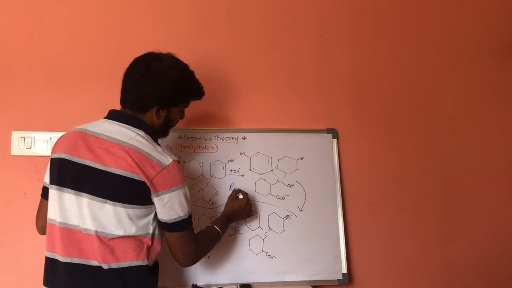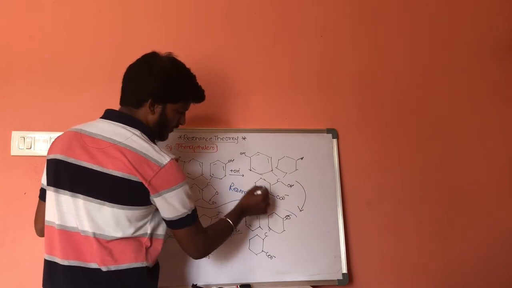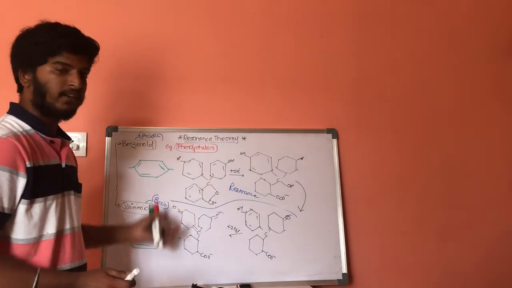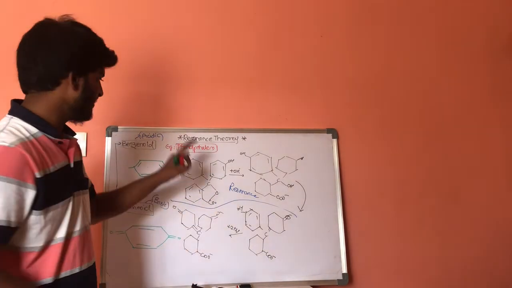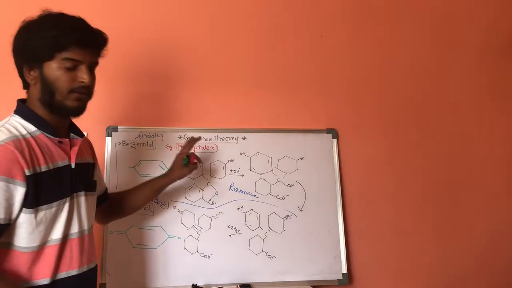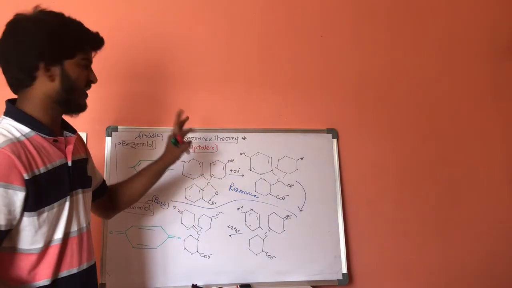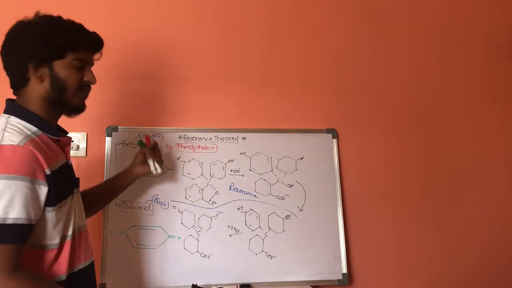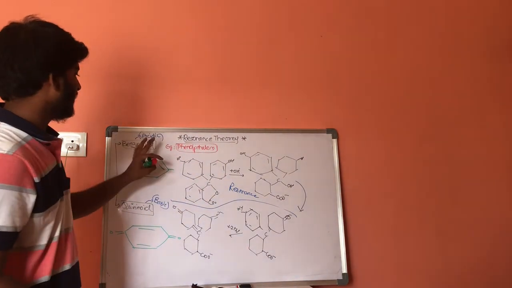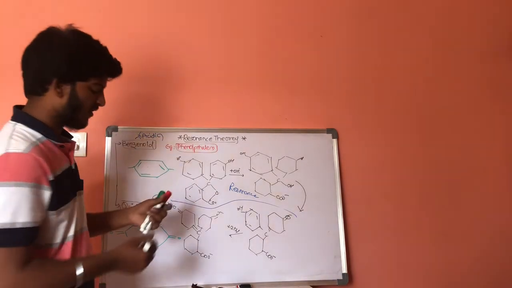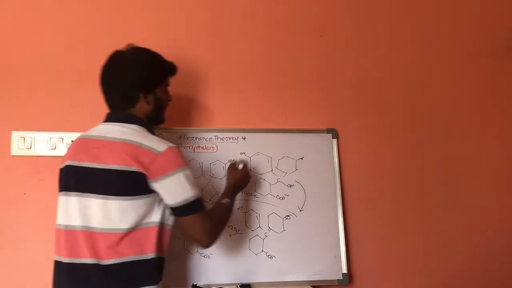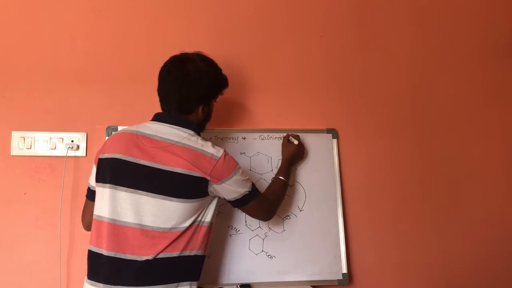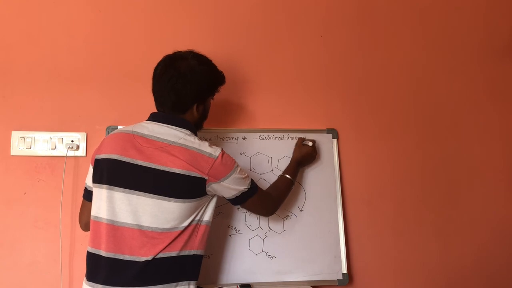It includes resonance, that is it gets converted from the benzenoid form into the quinoid form, and from the quinoid form into the benzenoid form. In this way, the resonance theory is the second theory which explains the acid-base indicators. The first is Ostwald's theory and the second is also called the quinoid theory.